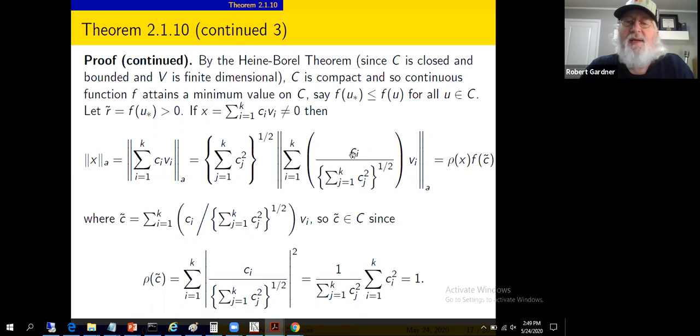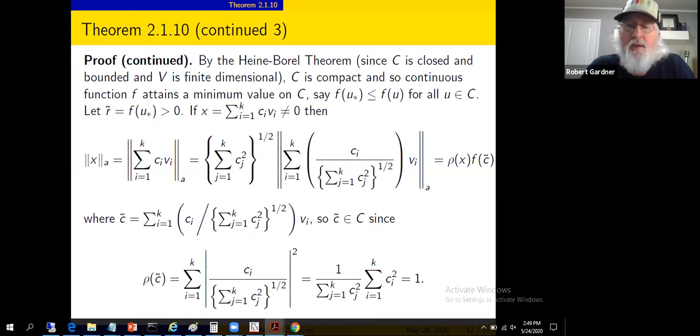No, it's got these c sub i's in it, and they depend on vector x. We need something that only involves the basis, like with the s tilde, which only involved properties of the basis elements v1 through v sub k. This doesn't. This involves these c's, and they're determined by vector x somehow or other.